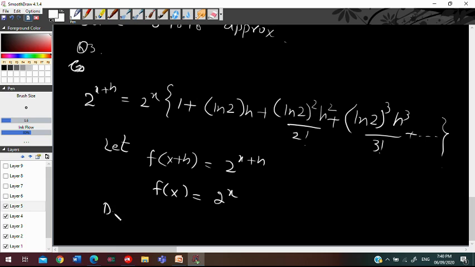Just differentiate with respect to x. When you differentiate it with respect to x, the first derivative will be, here we have f of x equal to 2 power x.